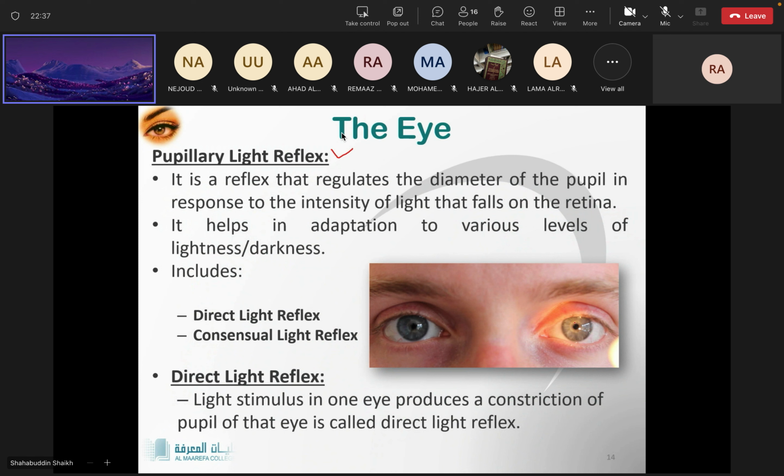When there is a problem in which the person is able to see near objects clearly but cannot see far objects, it is called myopia. Please remember this for your exam.